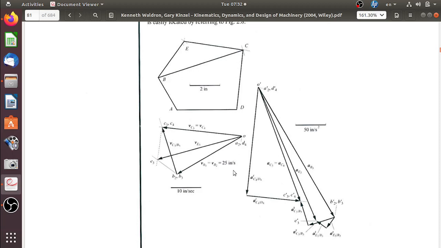From that we can calculate omega, and using the formula we can calculate the radial component, which is going to be in this direction. So I have drawn this vector and marked this point; that vector represents the acceleration of C3 relative to B3, which is a radial component.